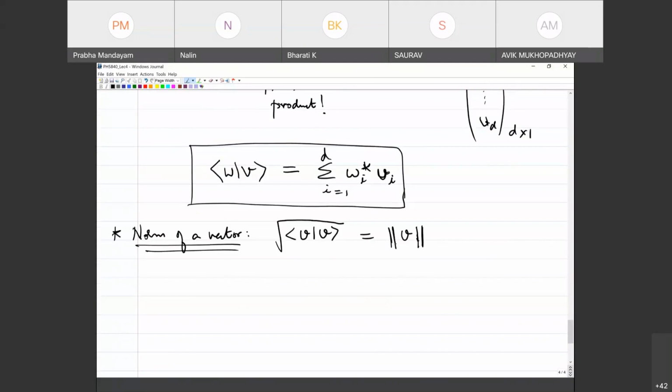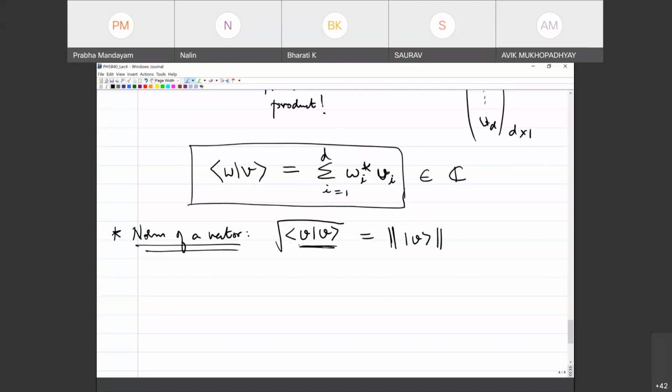So I could put a ket here if you wish. Okay. So note that this inner product is in general a complex number, right? Wi star Vi is some complex number, and I'm summing up a whole bunch of these complex numbers. But now when I take the inner product of a vector with itself, what is this?